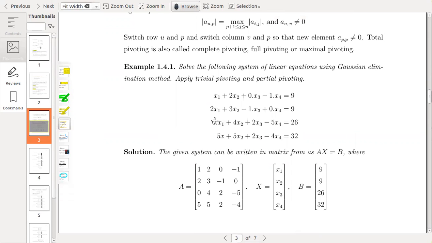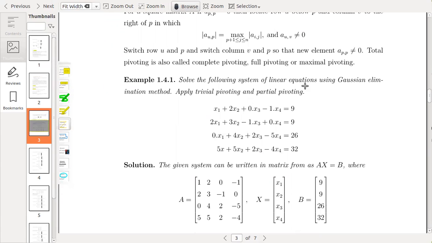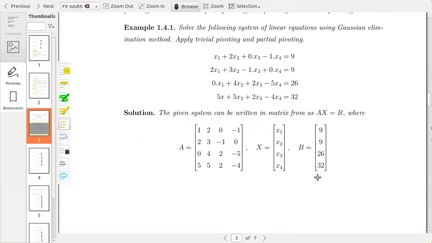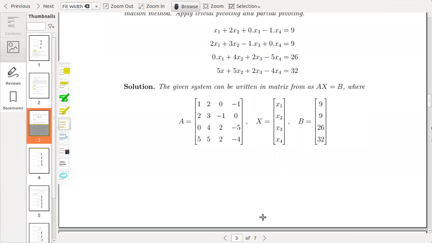The example is: solve the following system of linear equations using the Gaussian elimination method, applying trivial pivoting and partial pivoting. So this is the system of linear equations. We construct matrix A of coefficients, matrix X of variables, and matrix B of constants.